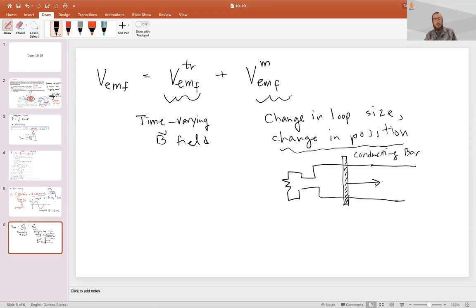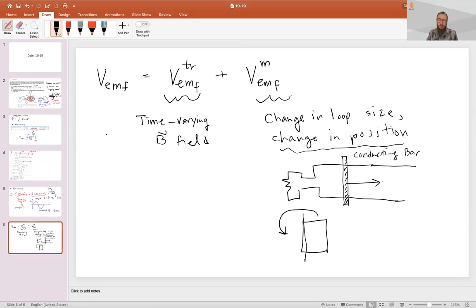So this is probably the best real world example. And then the other common way is if you have a series of loops, or a loop, and you spin it around. This is the most common way to change it, and often this will be spinning something radially.